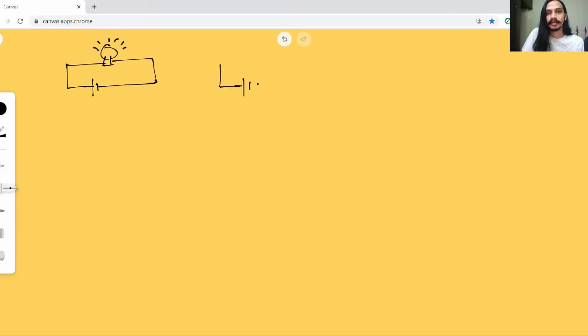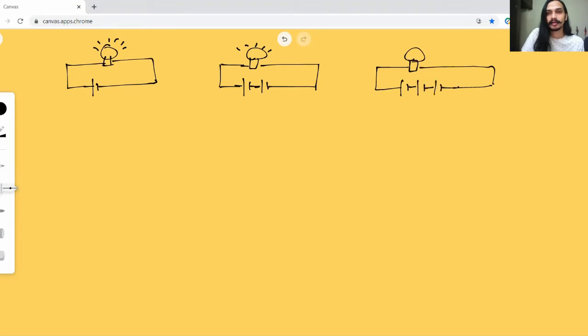But what will happen if instead of one battery, I put two batteries? Will the bulb glow in the same way or differently? And what if instead of two I put three batteries? What do you think? Do you think the bulb is going to glow in the same way or differently?